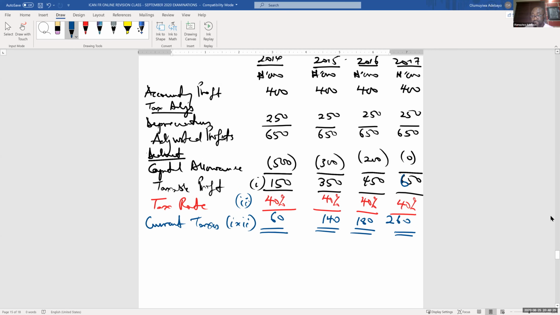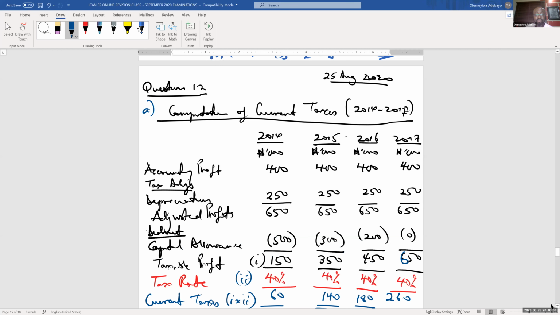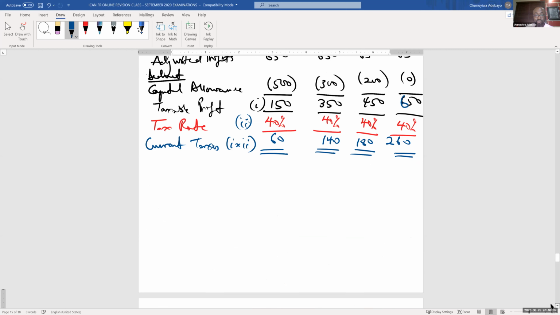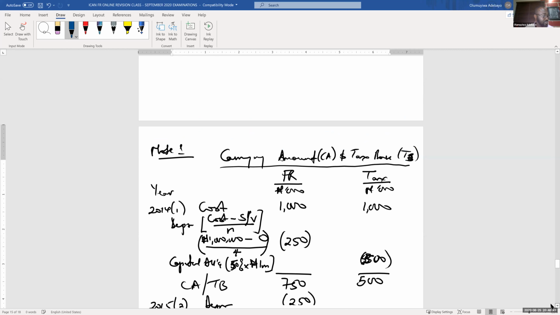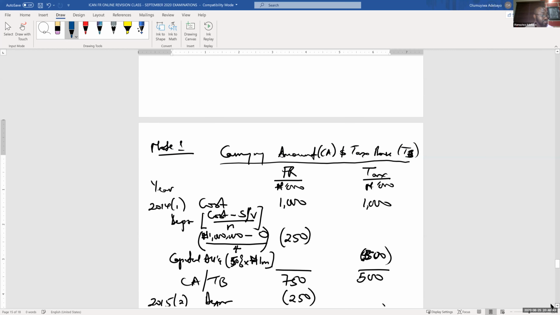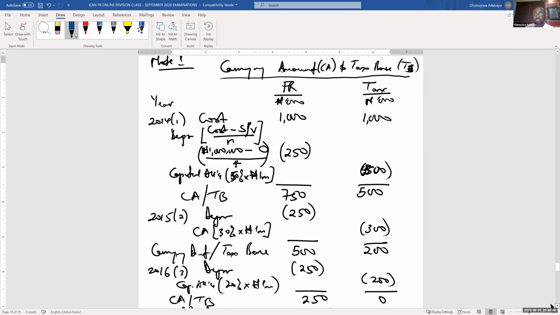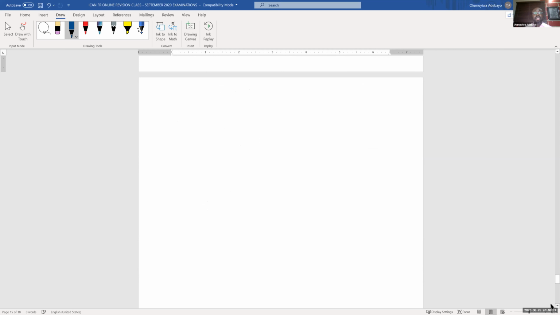Let's go to the B. Now we are at the B part of the question. The B says deferred tax.